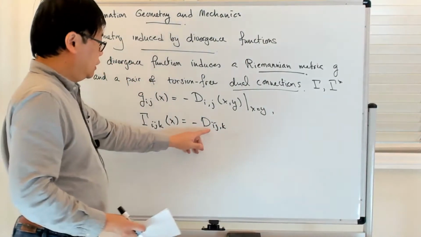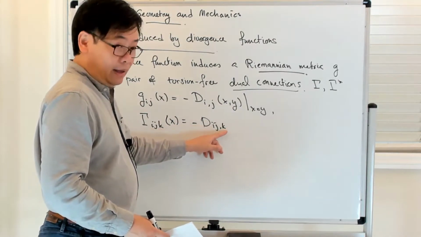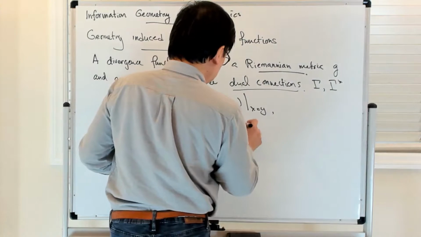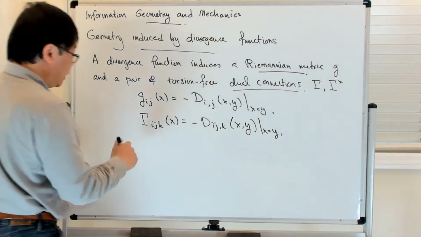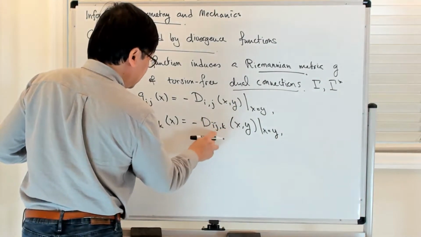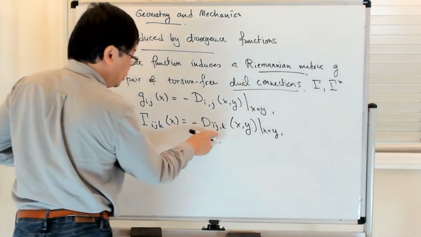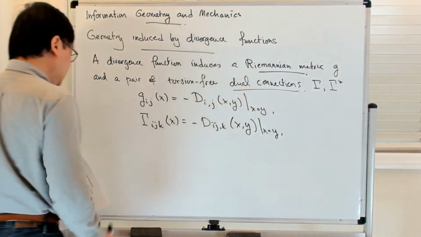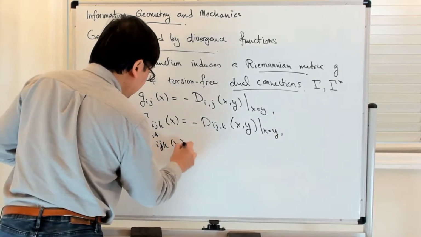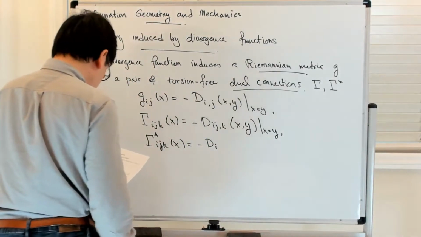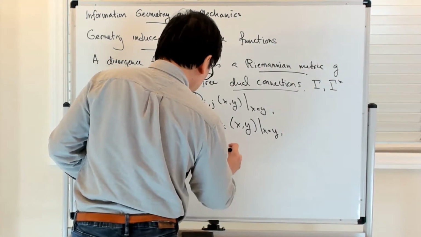That means I differentiate, it's a triple derivative, with respect to x_i, x_j, and y_k, and then evaluate it again along the diagonal. And as you might expect, the dual connection is the one where you differentiate with respect to two of the second slot and one of the first slot. Here I've differentiated two in the first slot, one in the second slot. Okay, so Gamma star_ijk of x is minus D_{k,ij}.